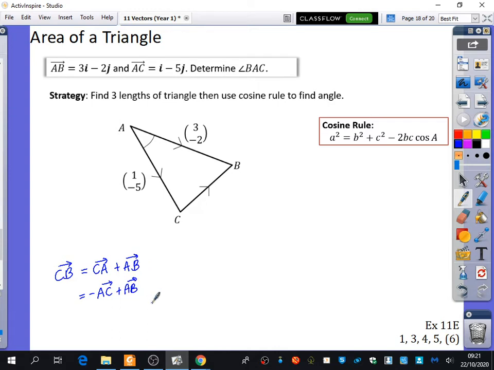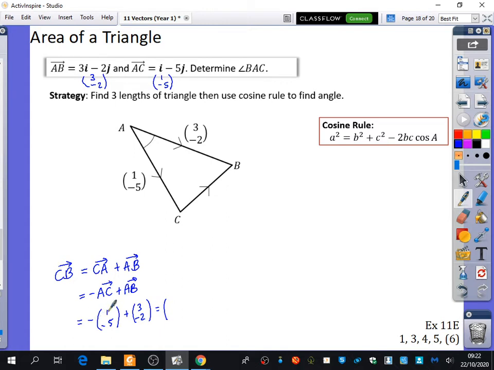You could either write that the other way around as AB minus AC, but I think we can just go straight in with what we've got. I haven't written these in column vector form yet, so I'll quickly jot that AB is (3, -2), and AC is (1, 5). So the negative of AC is (-1, -5), plus AB, which is (3, -2).